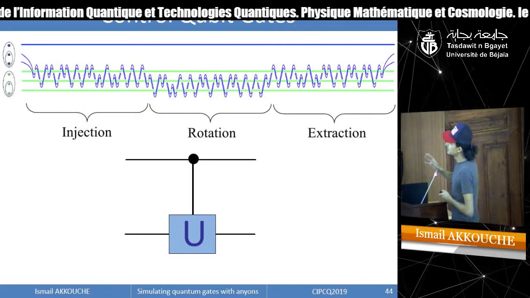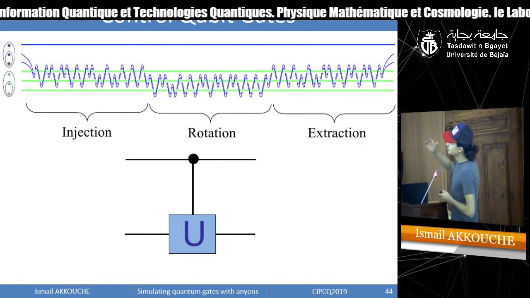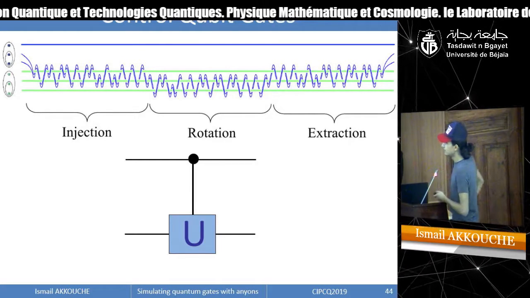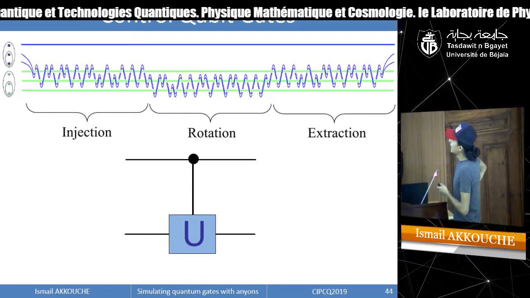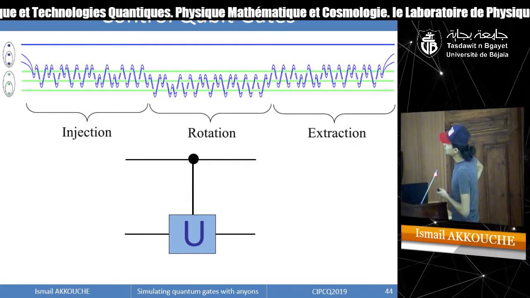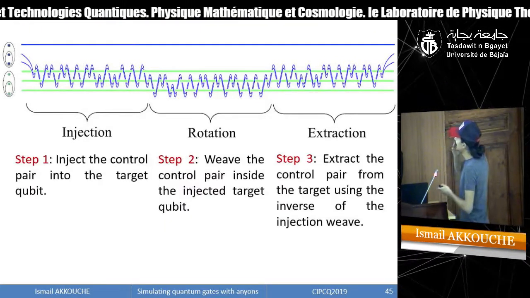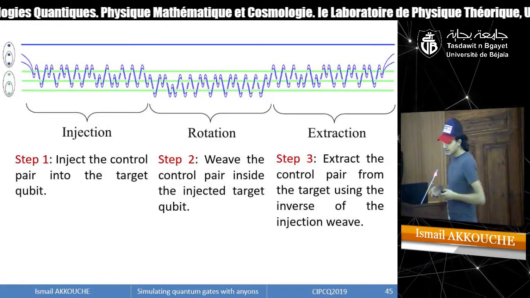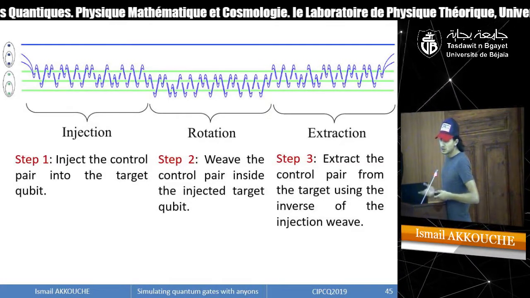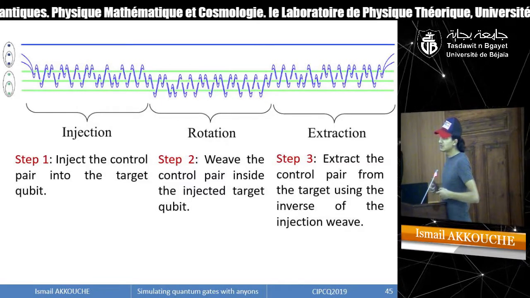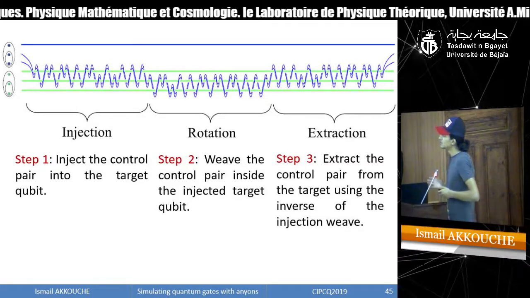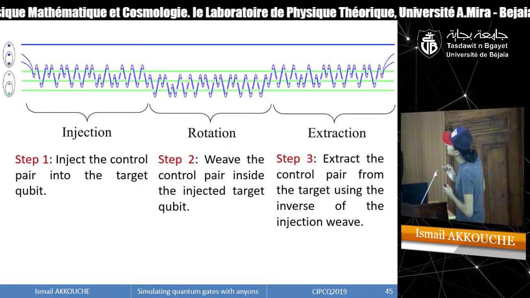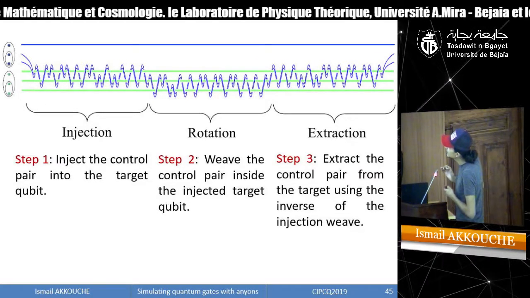I use the injection-based weaves. Here, I use the unitary gate. This is okay. I inject the unitary gate. When we apply a unitary operation, it's like we do nothing. The idea is to put this control pair inside the second qubit.